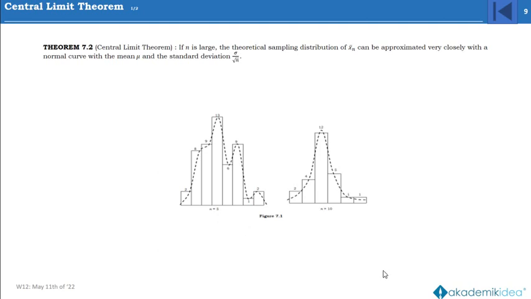For instance, let us find the probability of getting a random sample of size 5 from the population, which consists of the 9,998 heights, for which x bar lies between 68.5 and 69.5.